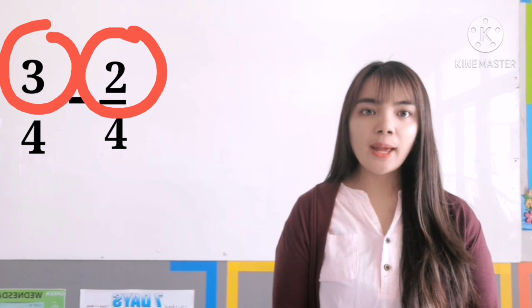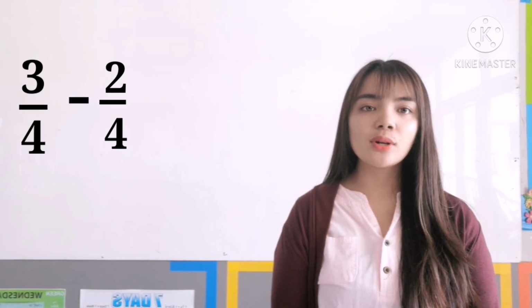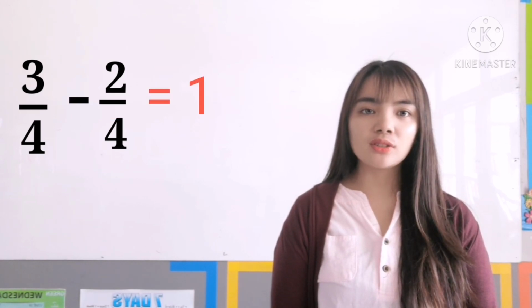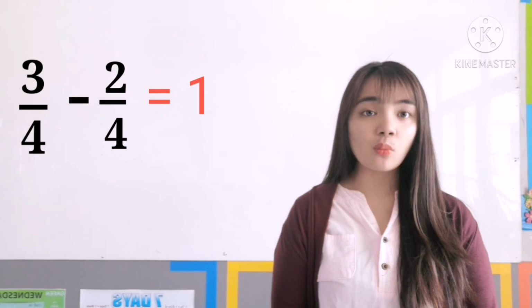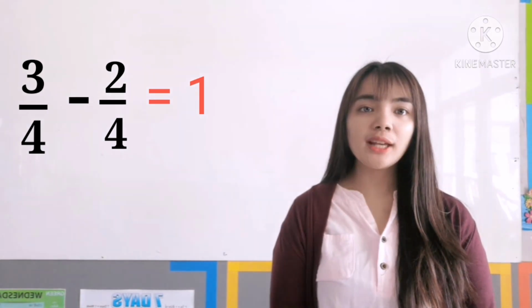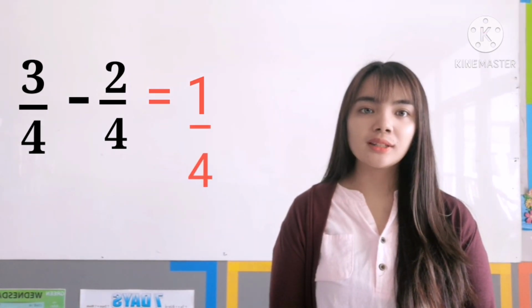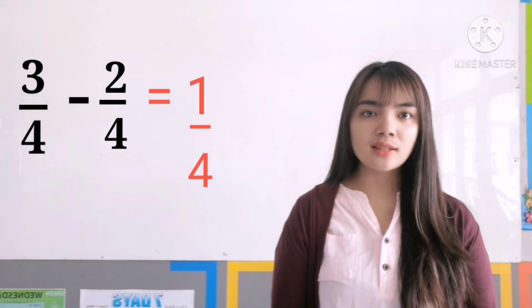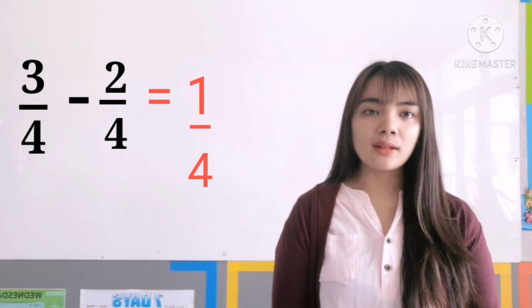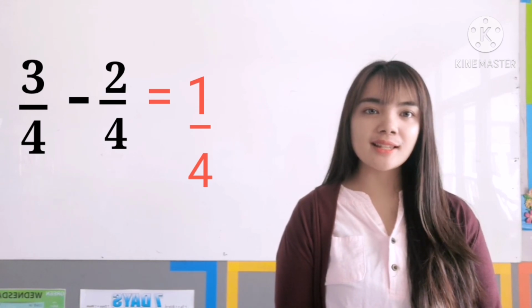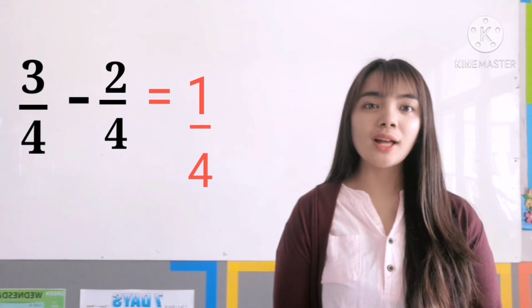So 3 minus 2 is equivalent to 1. So we put it in our answer, 1. Then we can just carry our denominator, which is 4. So 3/4 minus 2/4 is equivalent to 1/4.